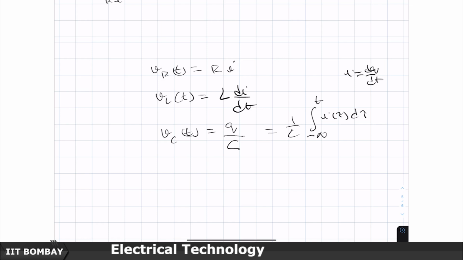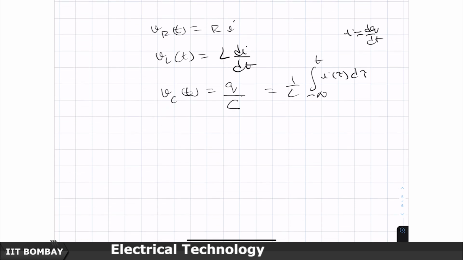So, to get the charge we should integrate the current from minus infinity to t, with tau as a dummy variable. This will give you exactly the charge, and at minus infinity you can assume that the capacitor was discharged, so this will give you the charge at time t, which you divide by C to get VC of t.